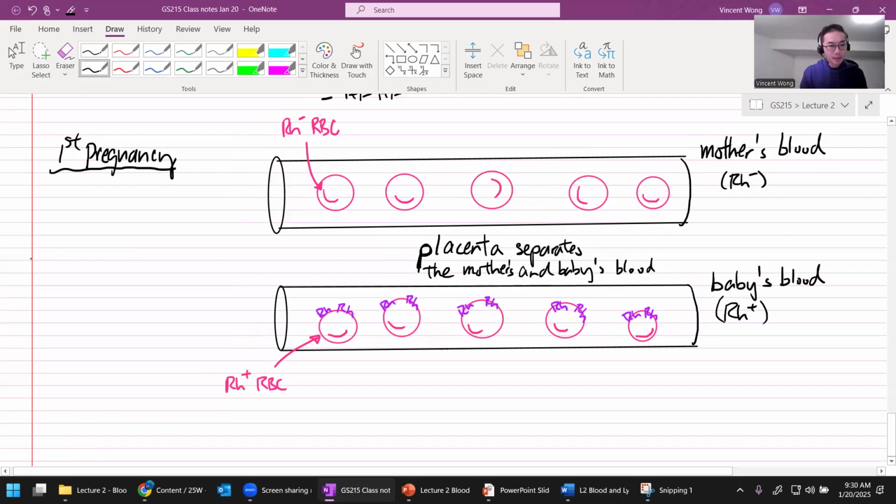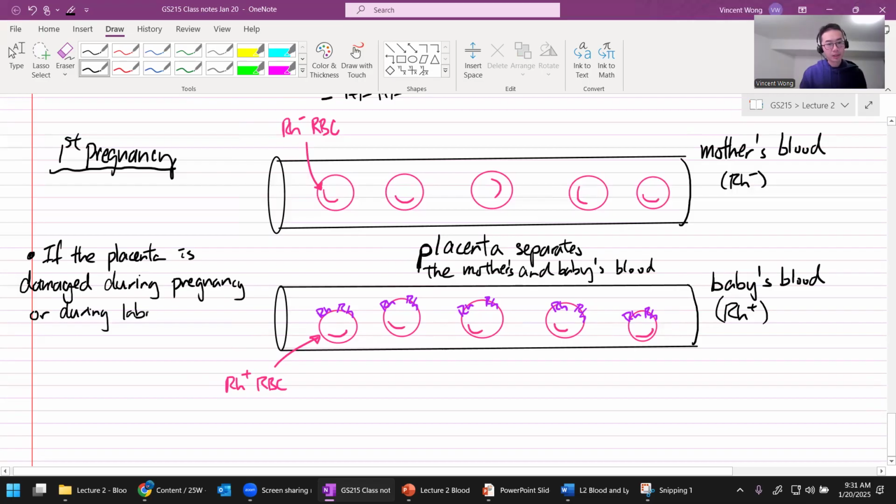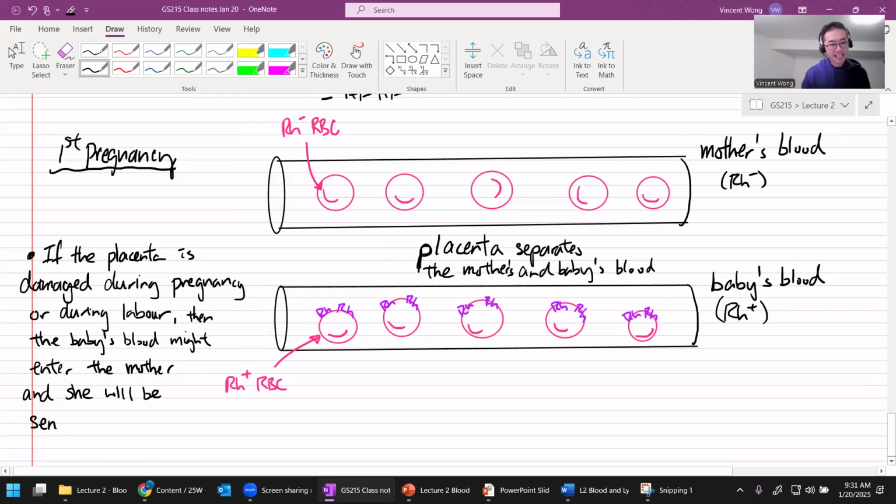All right. So here's what happens. If the placenta is damaged during pregnancy or during labor, like as in giving birth, then the baby's blood might enter the mother and she will be sensitized.